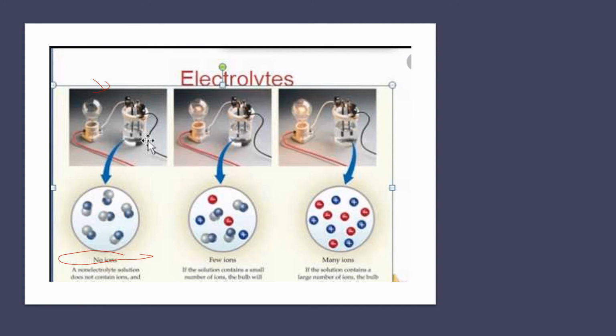For weak electrolytes, there are few ions, and the light is dim, with no bubbles or only a few. For strong electrolytes, the light of the bulb is bright because there are many ions in it.